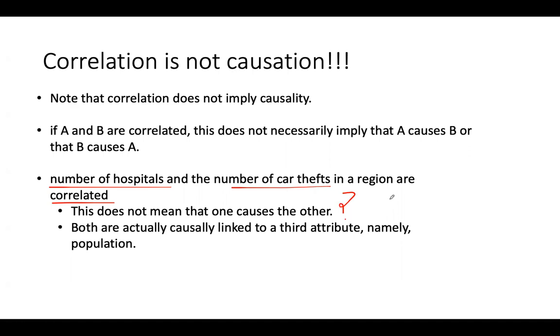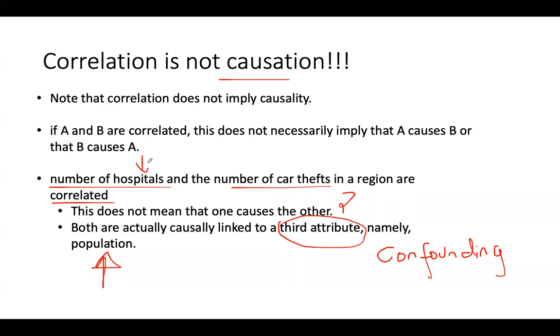So in research, it might not be very clear cut. It might not be simple as that. Most times, there could be a confounding variable. This confounding variable is what we refer to as a third variable. This third variable may be what causes this relationship, right? In our case here, this third attribute, probably namely population, is what is causing the increase in the number of hospitals and the increase in the number of car thefts, right?